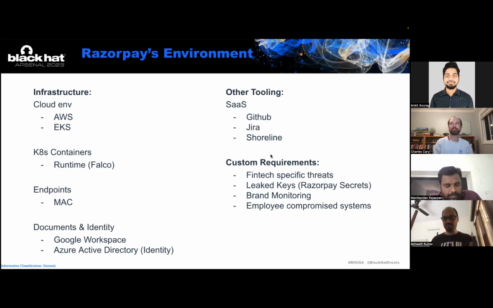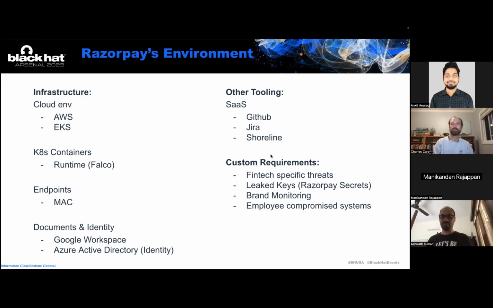Most of the endpoints that developers use are Macs. For documents and identity, we use Google Workspace, so Google Docs, Google Sheets, and so on. For identity, we use Azure Active Directory. Moving on to the right side, for other tooling, we use a lot of SaaS. Prominently, we use GitHub, Jira, Shoreline, and a couple of other tools.